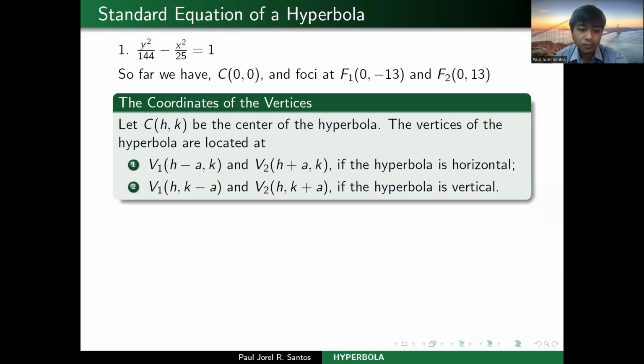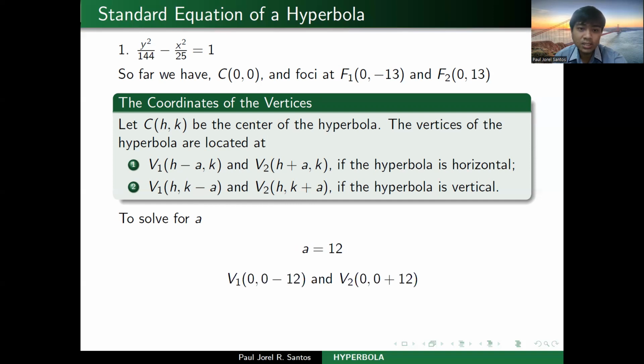Let us now determine the coordinates of the vertices. Again, we will be using the second formula because the hyperbola is vertical. To solve for a, because we do not know yet its value, we use it to find the vertices of the hyperbola. As I mentioned earlier, a squared comes first, so a squared is 144, and the value of a is 12.